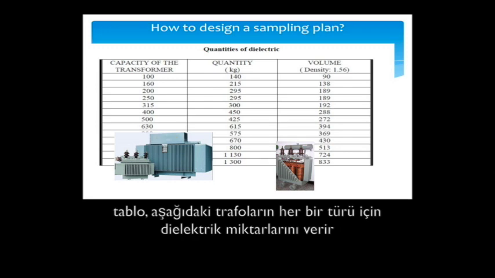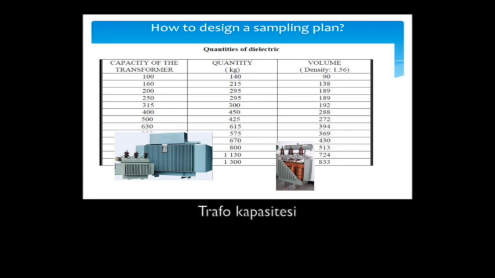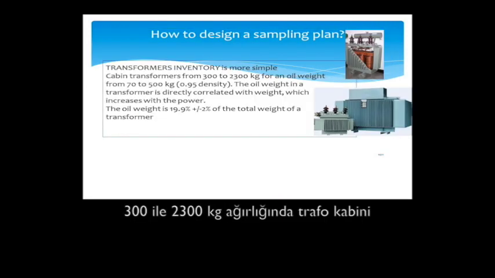The table gives the quantity of dielectric for each type of transformer with the capacity of the transformer, the quantity in kilos, and the volume with a density of 1.56.